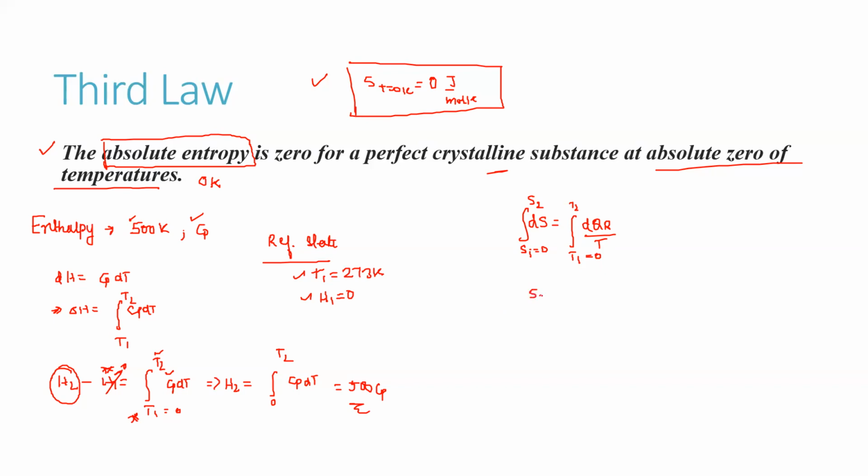So we can simply get S2 minus 0 is equal to integral dQr by T from 0 to T2. So the problem is solved. We do not need any other data. We simply need the temperature and we'll get that.